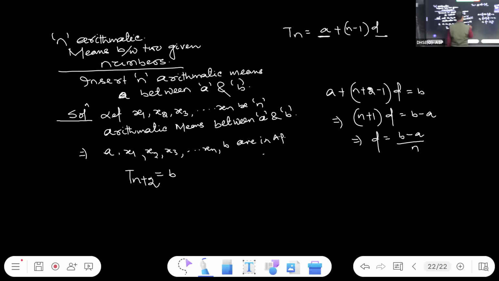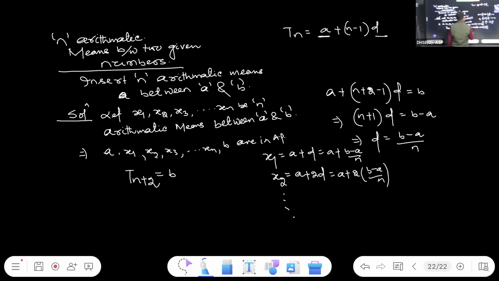x1 is equal to A plus D. This is equal to A plus B minus A by n plus 1. x2 will be A plus 2D. This is equal to A plus 2 into B minus A upon n plus 1.